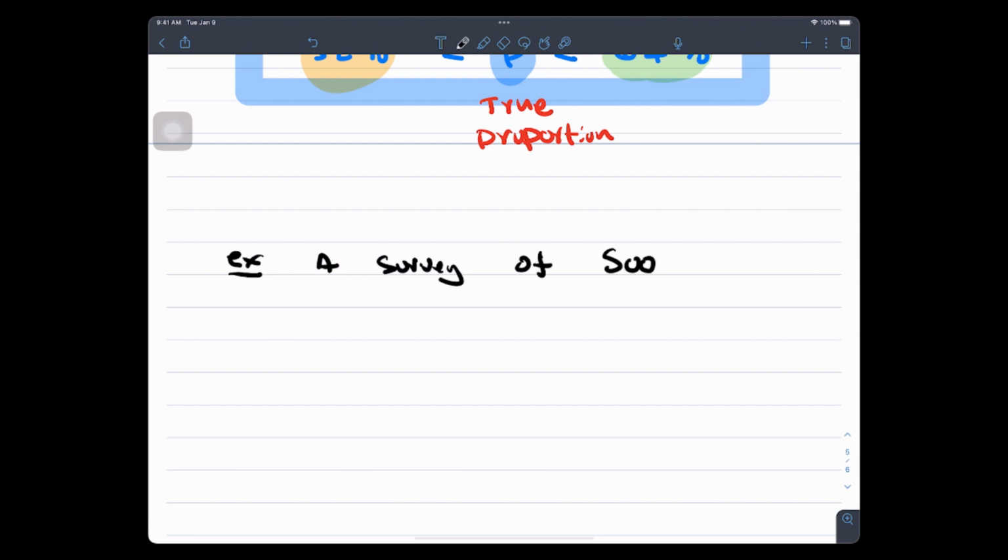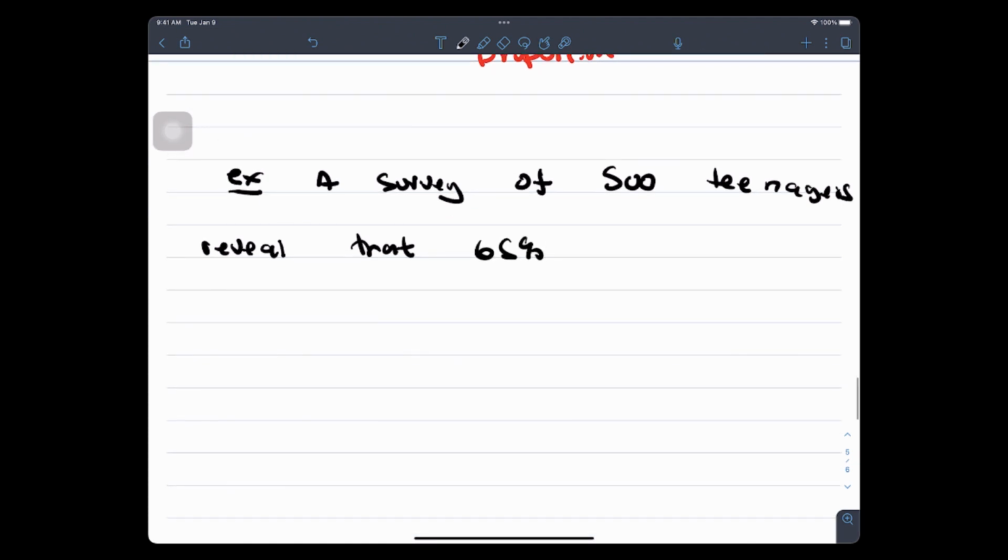of 500 teenagers revealed that 65%, back to teenagers. We got to think about teenagers. What do teenagers do? Yeah.